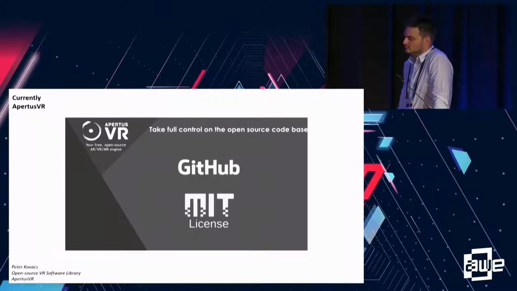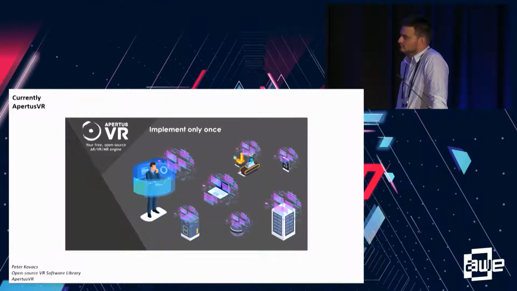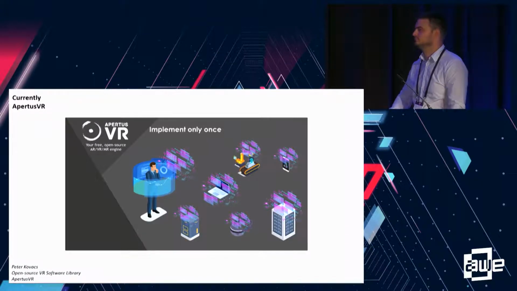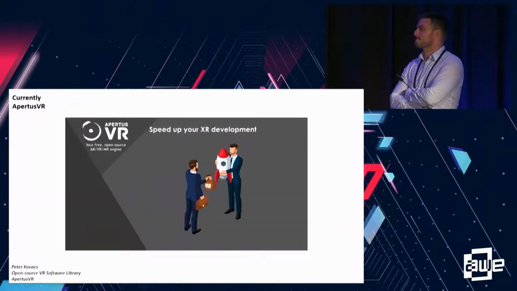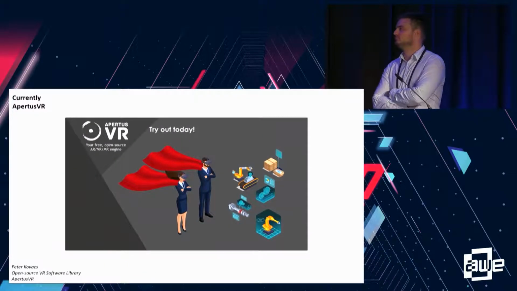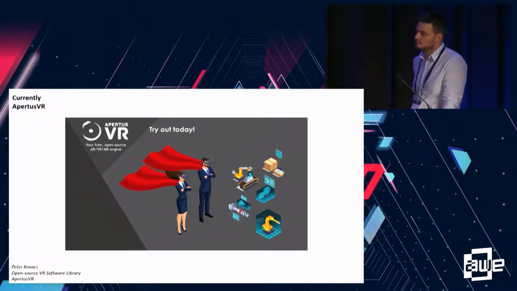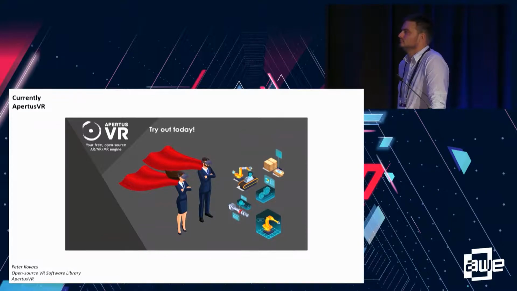The open source MIT licensed code base grants you full control of the source code. And from the business aspect, you have to implement the business logic only once without the need to pay license fees and don't have to re-implement your existing product to have XR services. As a result, you'll speed up your XR development and give a service to a much wider community. You see, XR application development just got easier and more consistent.